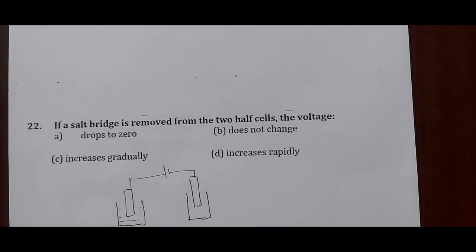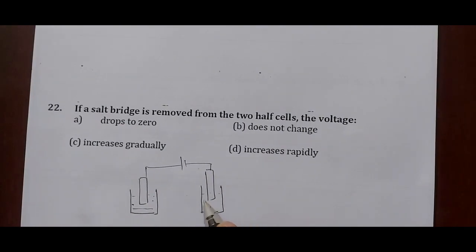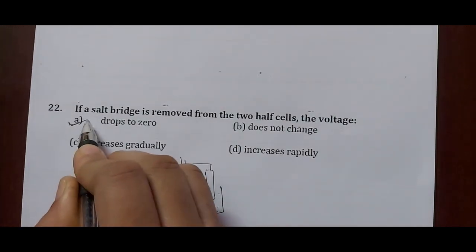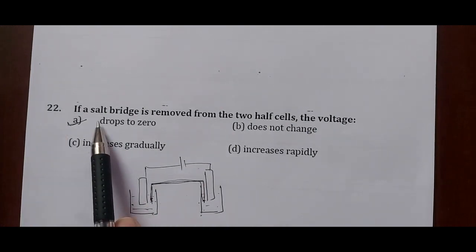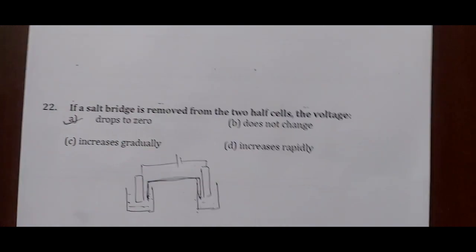Now, the solutions are not connected. To connect the solutions, we add a salt bridge, and when you add a salt bridge, a potential is developed. If the salt bridge is removed, then the voltage will drop to 0 as the connection between the two solutions is removed. Hence the correct answer for question number 22 is drops to 0.